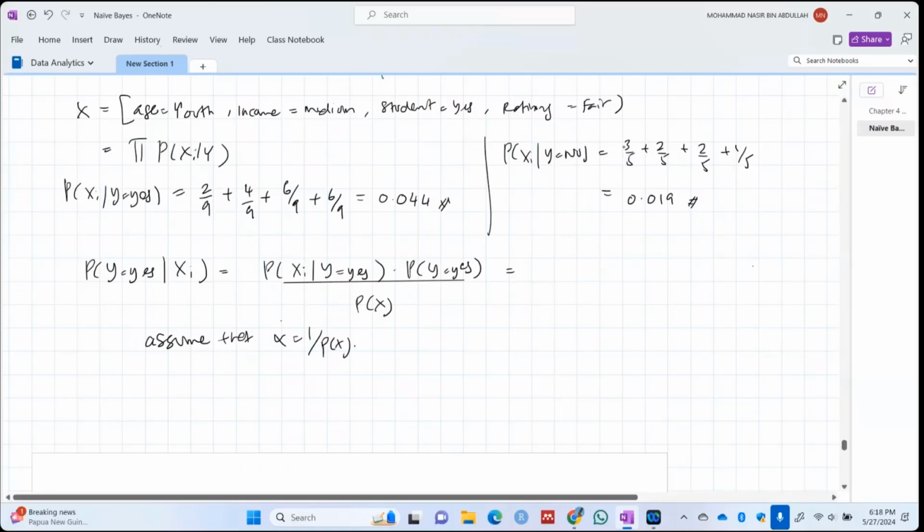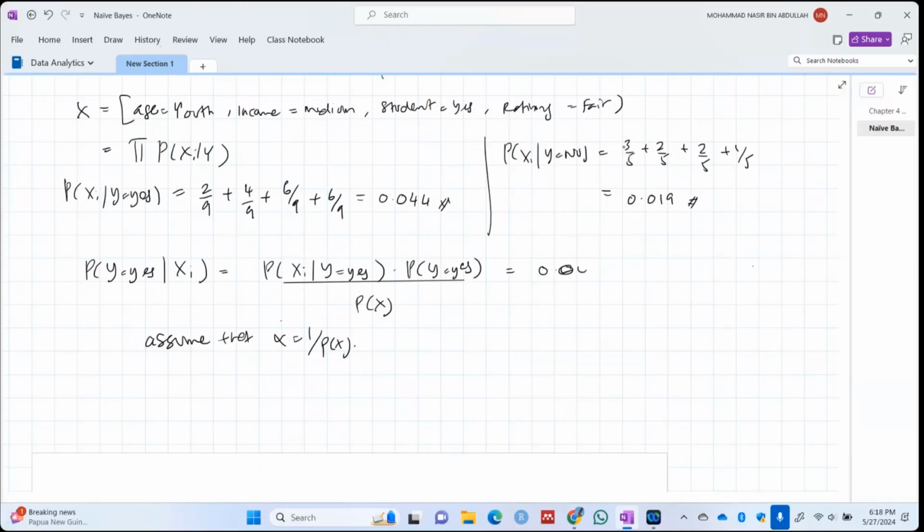So this one should be 0.044 multiplied with 9 over 14 multiplied with alpha, so 0.028 alpha.